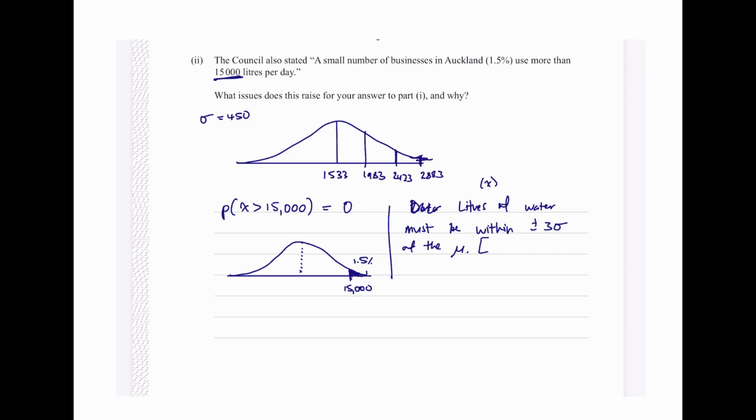This gives us an upper range at least of 2883, and you can calculate the lower range yourself if you'd like. 15,000 is way greater than the upper limit.